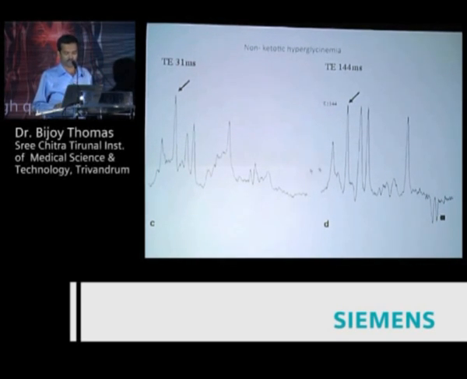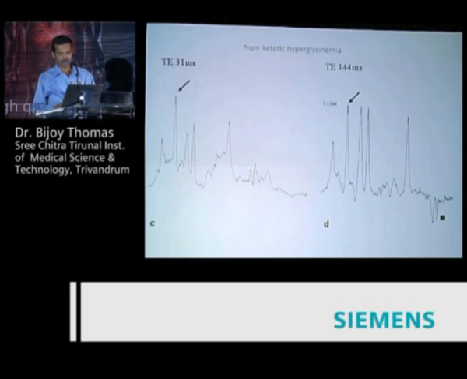So what happens if you increase the TE? At TE 31, both myoinositol, which is a normal component in a neonatal brain, and glycine will show a high peak at 3.56. But when you do TE 144, the myoinositol peak would come down, because it has a shorter T2 relaxation time.